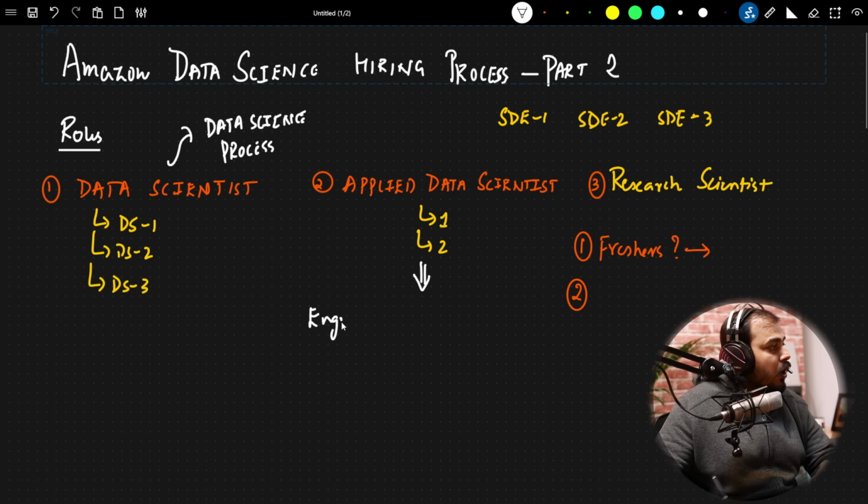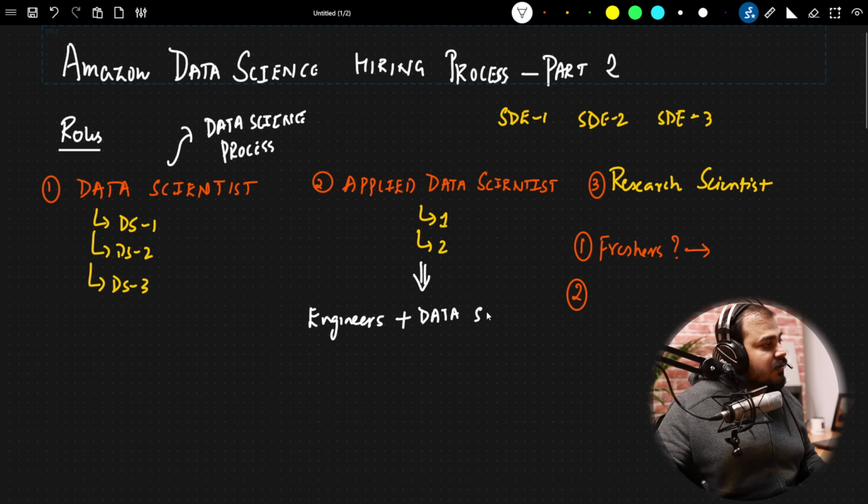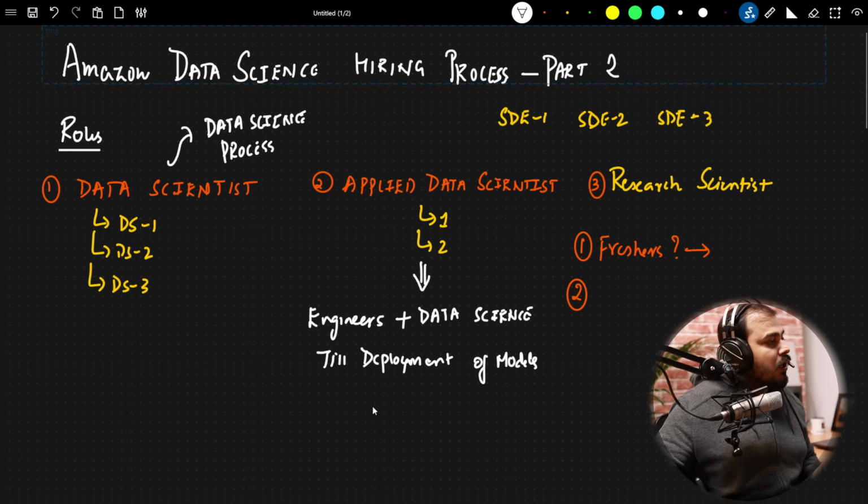They also work along with engineers, and they make sure that the entire data science process is followed till the deployment of models. So they actually work on end-to-end data science projects. Okay.